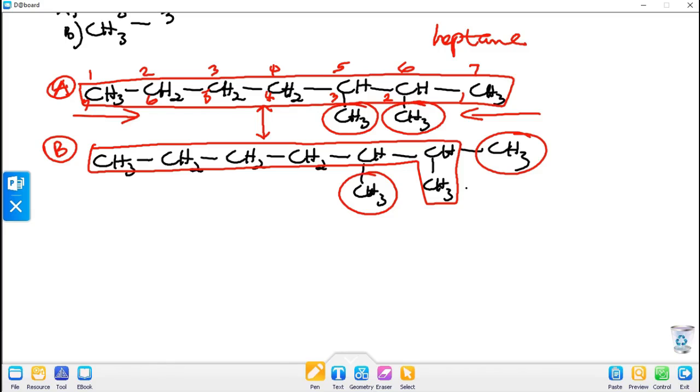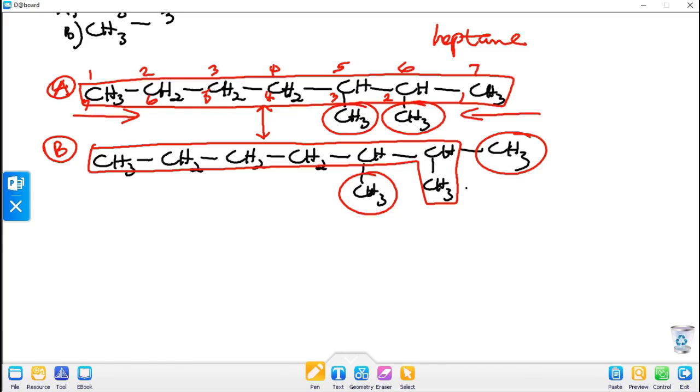The side chains are methyl side chains, and there are 2 of them. Where are they attached? These 2 side chains are attached to carbon 2 and carbon 3, so we identify their positions as 2, 3. The methyls are at position 2 and position 3.